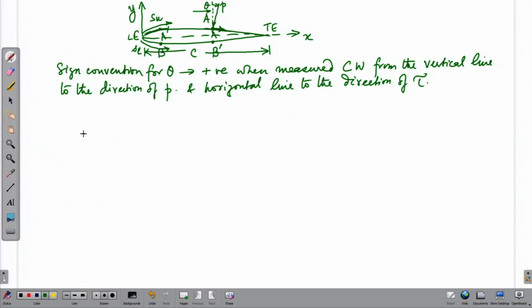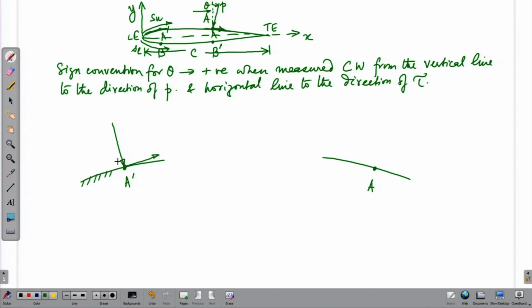Now, let us look at these 2 points A and A dash, like we mentioned on the upper surface. So, we are looking at the upper surface in a more magnified manner now. You have one point A dash here, another point A. As we said earlier, the pressure always acts normal and into the surface.